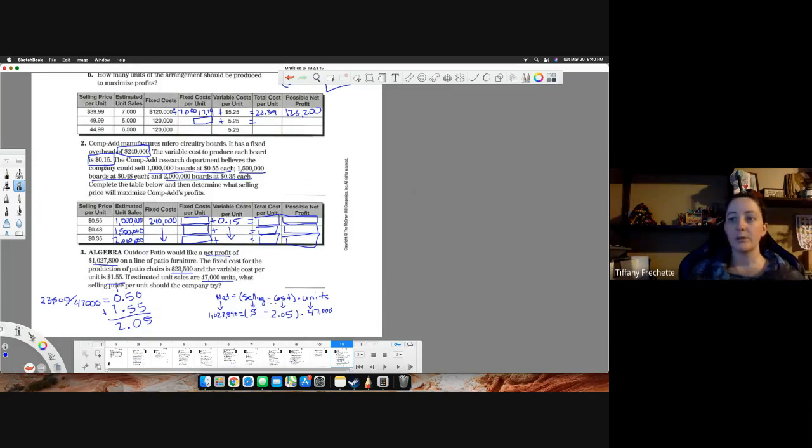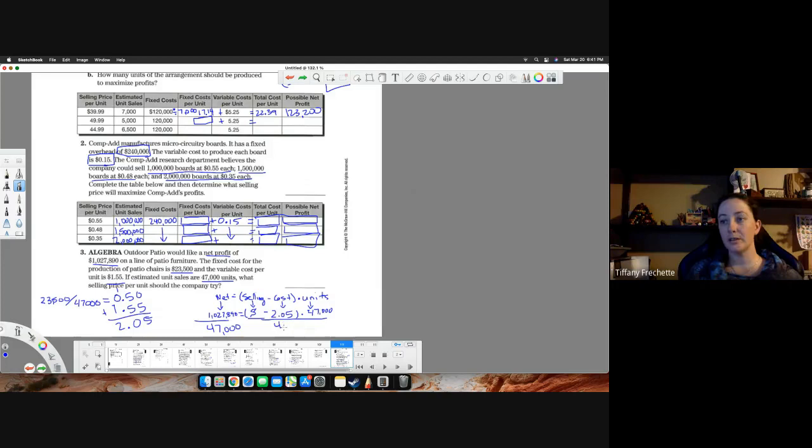You can distribute the 47,000 because it's outside of the parentheses, or you can divide both sides by 47,000. I think that might be a little bit easier, but it's up to preference on this one. There are 2 options because these will cancel. You'll have a number after you divide these 2, and it'll equal S minus 2.05, and you just have to add 2.05 to both sides in that case.